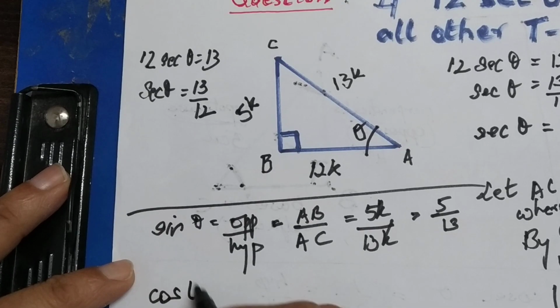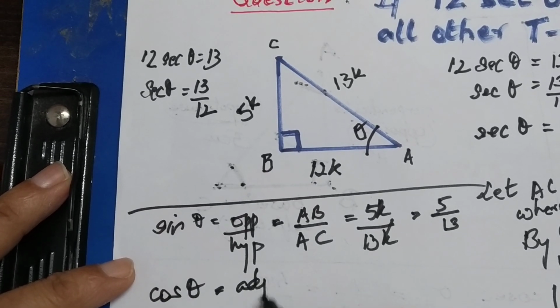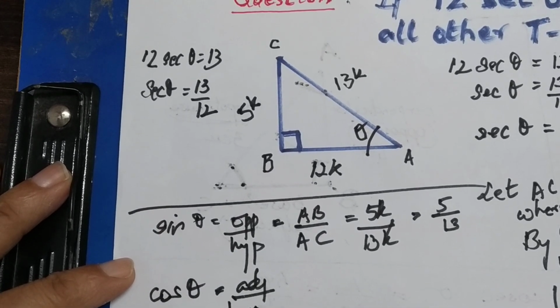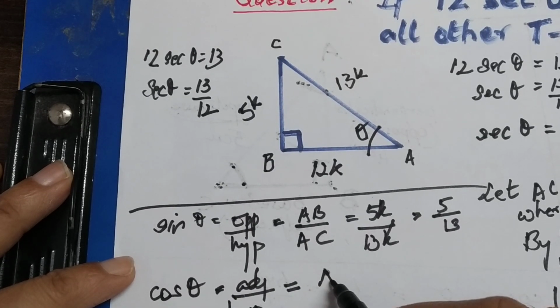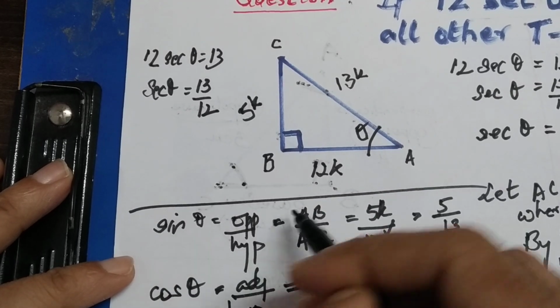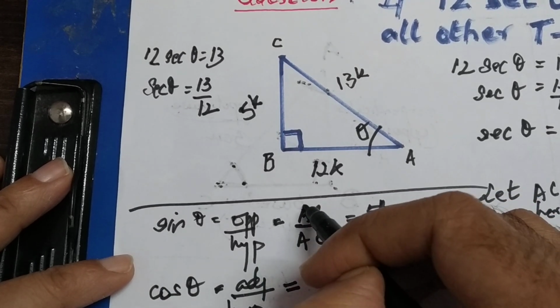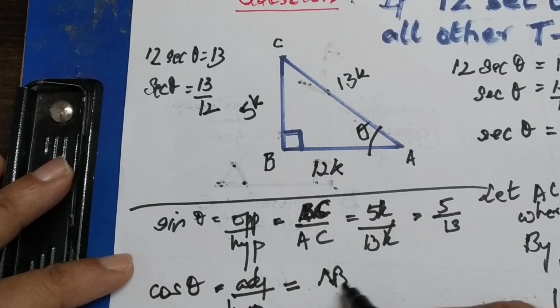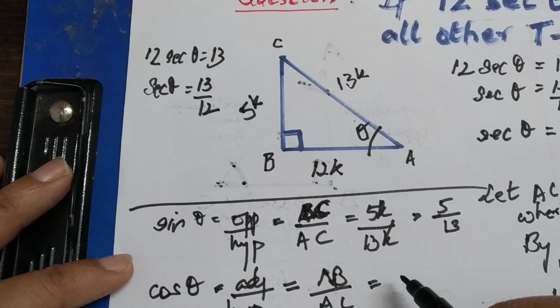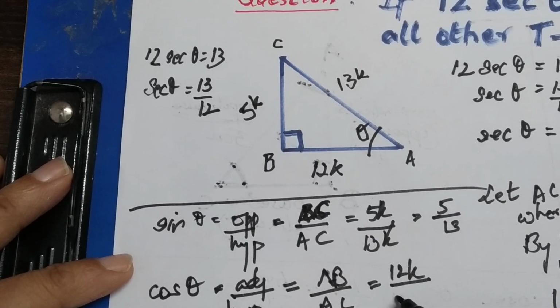Cos theta is adjacent by hypotenuse. Adjacent is AB, and hypotenuse is AC. So this will be 12k divided by 13k.